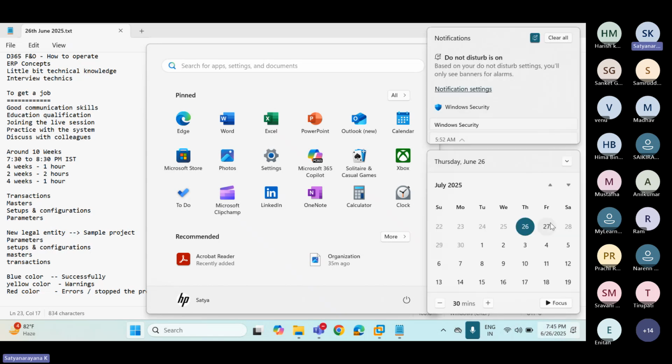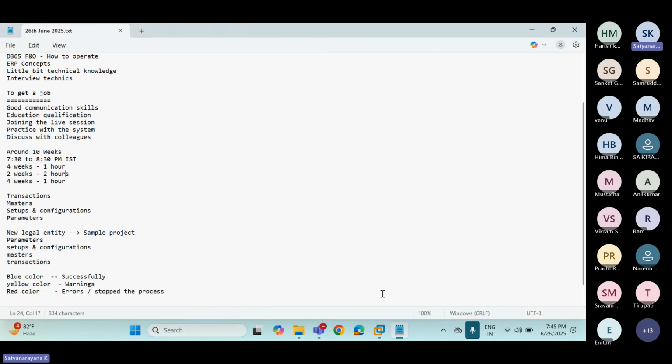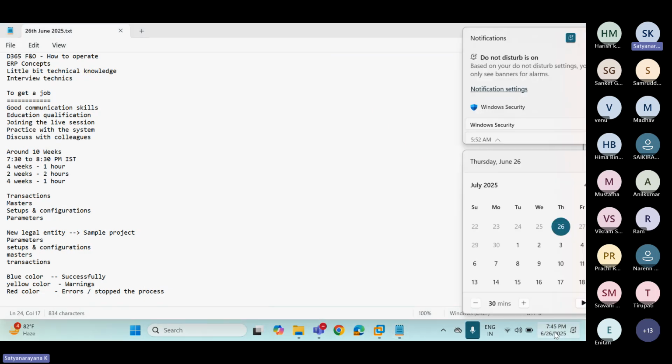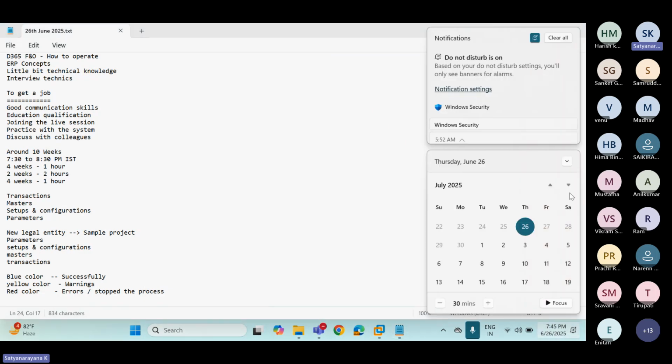Today and tomorrow it is a demo, training center kind of thing. Up to this month, up to July, you are going to learn in independent sessions. After that, in the month of August, first week and second week, it will be a combined session. Both finance and SCM together, the session will be together these 2 weeks.